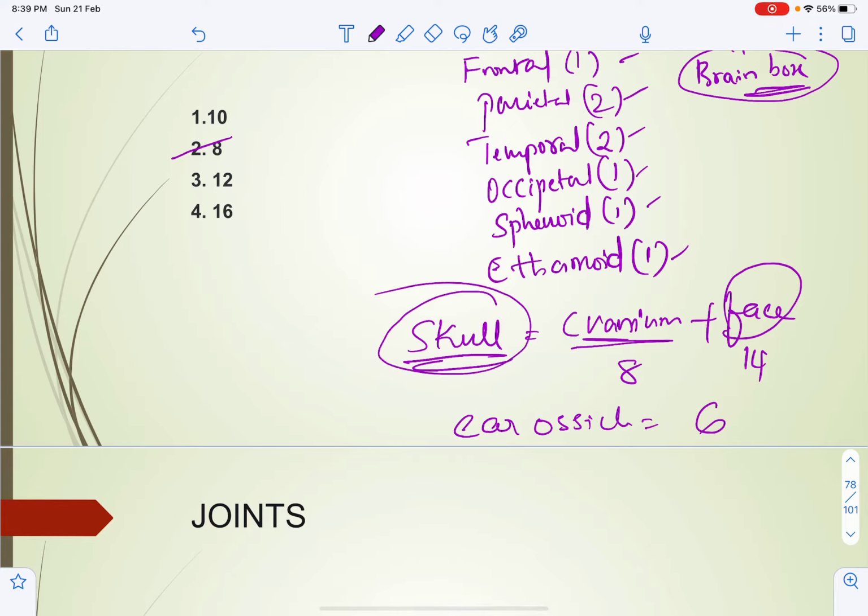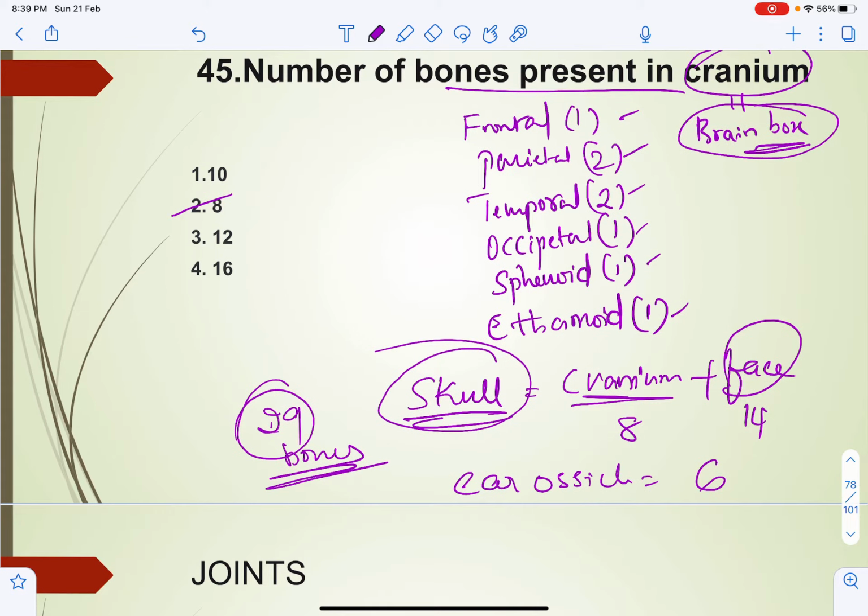Total in the skull, the head region, they are going to ask, we can say 29 bones are there. 29 bones. So this is a very important thing. Remember this: parietal and temporal are paired. All others are unpaired in the skull bone. Right. So you have to keep that in mind.